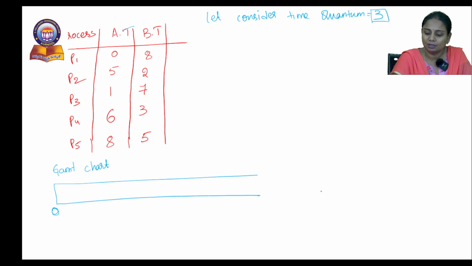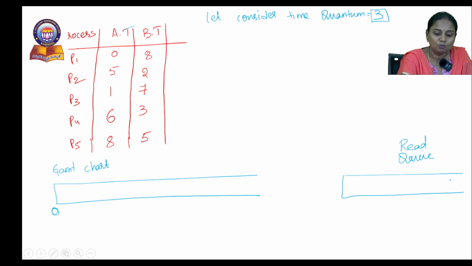Let's take one ready queue for easy understanding. Consider this is the ready queue. At the arrival time of 0, P1 is there in the ready queue. So first we give the chance of CPU utilization to process 1.